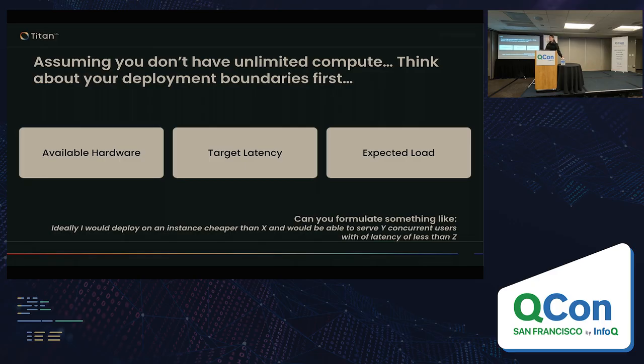I can use that information to work backwards and figure out what kind of models I should be looking at, and how much effort I should be putting into things like prompting and really refining my search techniques rather than upgrading to bigger models.